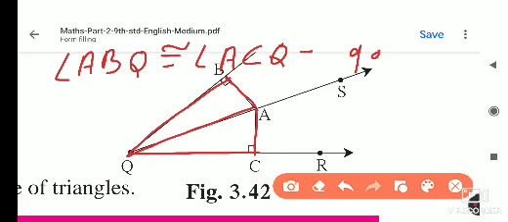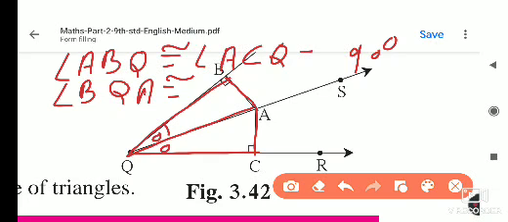Reason: each is 90 degrees. And QS is the angle bisector, that's why angle BQA is congruent to angle AQC. Reason: it is given.